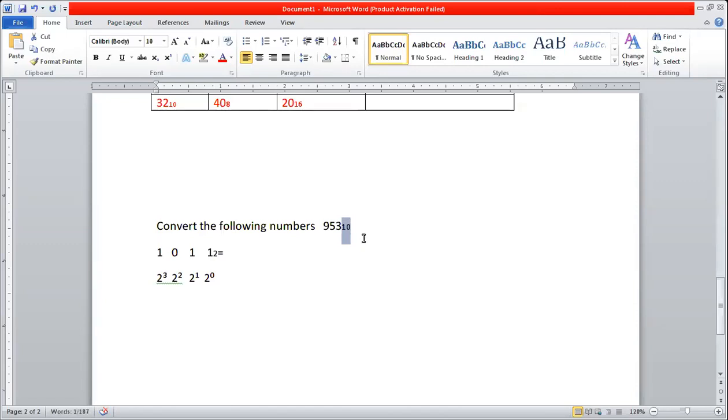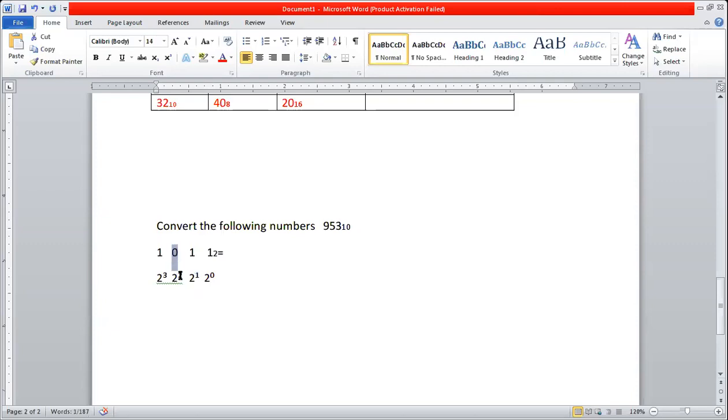Now the base of this binary number is what? 2. So as we take positions of 10 there, here we take positions of 2. The position of the first binary digit is 2 raised to 0. Then this is 2 raised to 1.